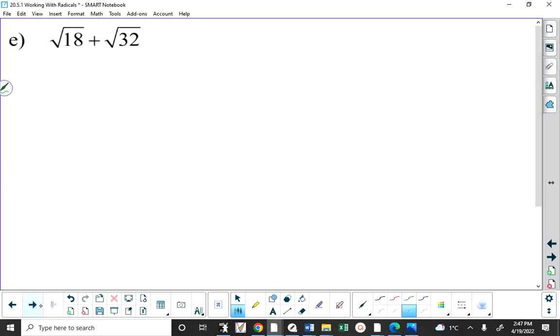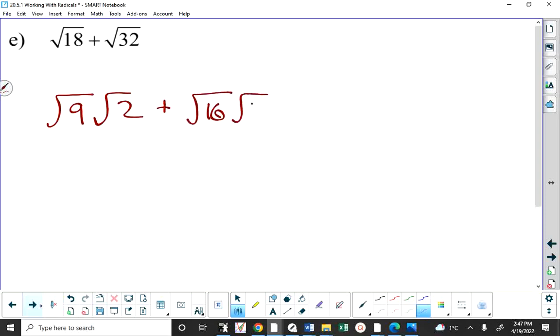Root 18 plus root 32. Well, can we simplify root 18? Well, it's root 9, root 2. Root 32 is root 16, root 2, I think. Yeah. So root 18 is 3 root 2 plus, that's a 6.